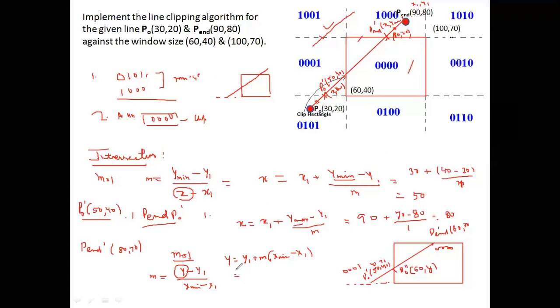And what is the value of y1? y1 is 50, m is 1, and x min is 60. And what is x1? That is 40.